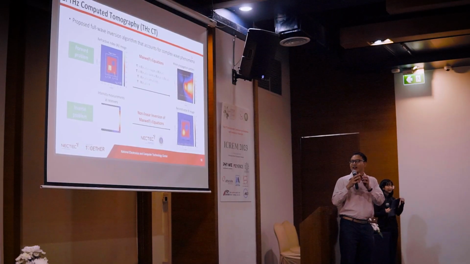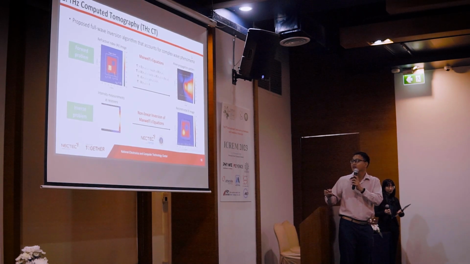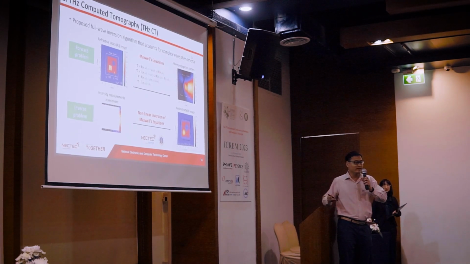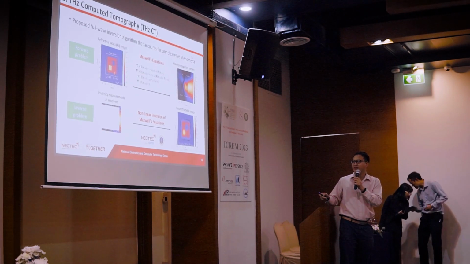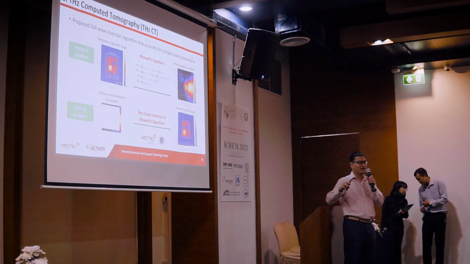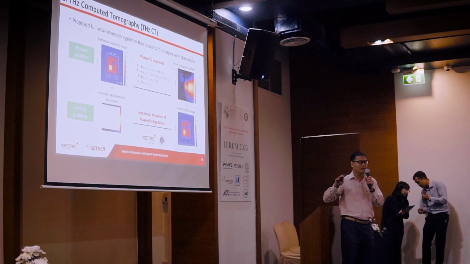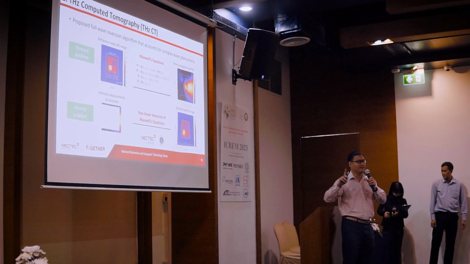Yeah, sure. So the reason that it's nonlinear is because of the Maxwell's equation by itself. The way that we try to reconstruct the image here is not just you feed the input and then get the output image in one turn. It's not like that.